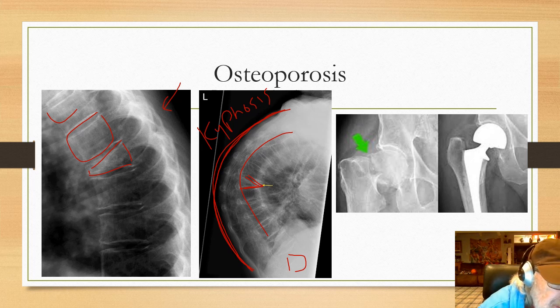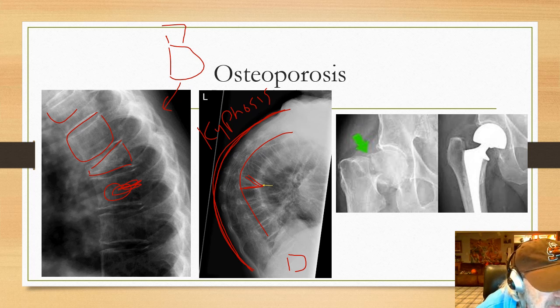The reason why they collapse is because the bone in the vertebral bodies, the big blocks on top of each other, become so weakened because the calcium has been drawn out of it to use in other places, that coughing, sneezing, turning, twisting, having a really difficult bowel movement, whatever the case may be, and straining may just cause enough pressure that will cause these vertebrae to just collapse on themselves.